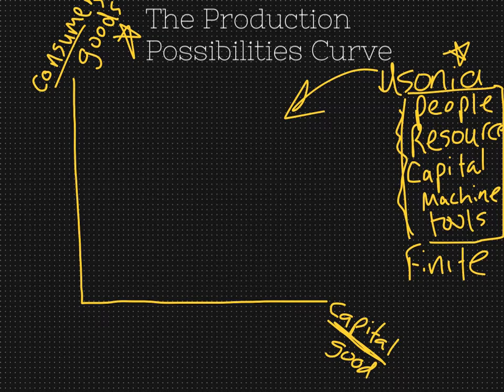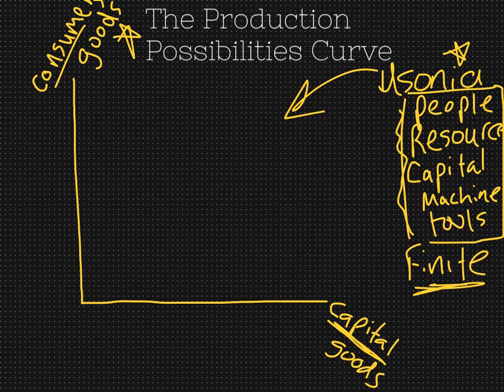Now, it has more choices than that, obviously, but this is a simplified model of a complex world. Just like in the last video, where the person only had $10 and had to decide what to do with it, buying a combination of two things, here we don't have a certain amount of money, but we have a certain amount of finite resources.